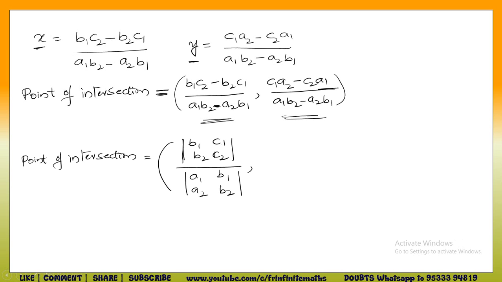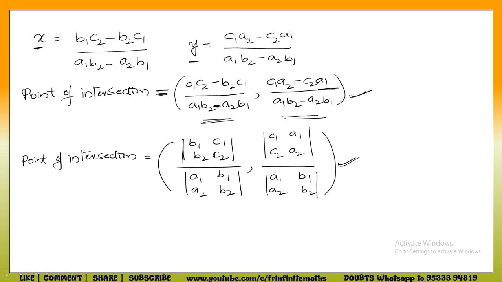Likewise, we can represent the same way c1 a1 c2 a2 determinant divided by the determinant of a1 b1 a2 b2. So using determinants we can represent the point, otherwise we can represent it in this particular way. So there are two types of representations for the point of intersection of two non-parallel straight lines.